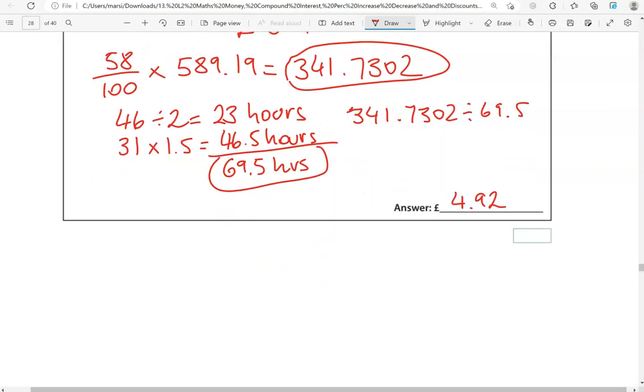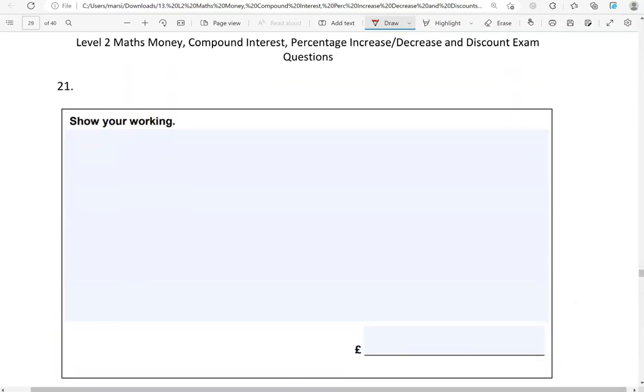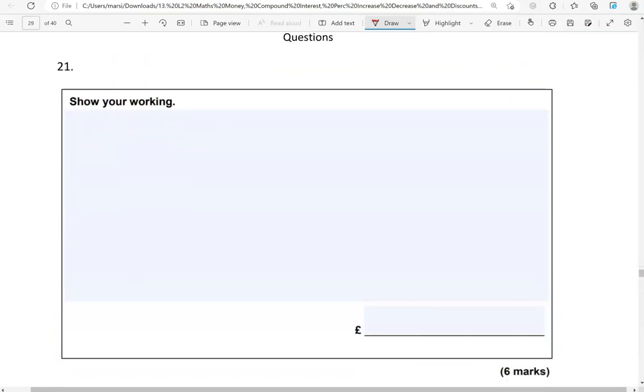So £4.92 profit per hour. So that was the space to show the working out.